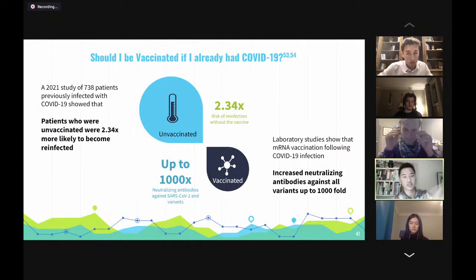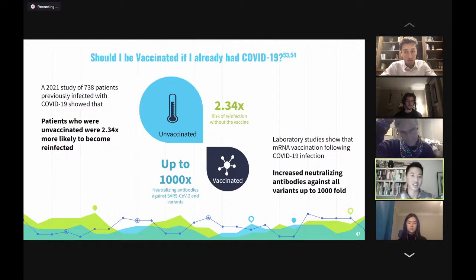The one on the left you can see is a 2021 study, which saw 738 patients who were previously infected with COVID-19 in Kentucky, and they followed them, and they found that the patients who were unvaccinated, even after their COVID-19, were 2.34 times more likely to become reinfected with COVID-19 compared to those who had been vaccinated after their initial COVID infection.